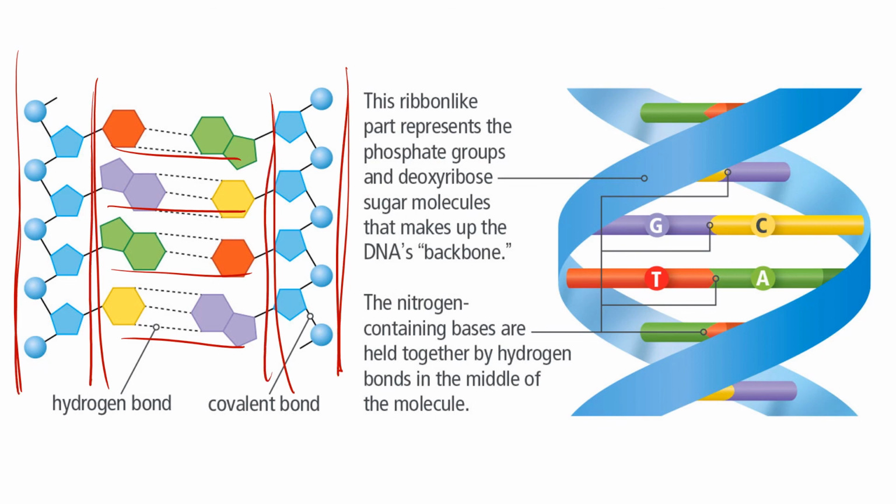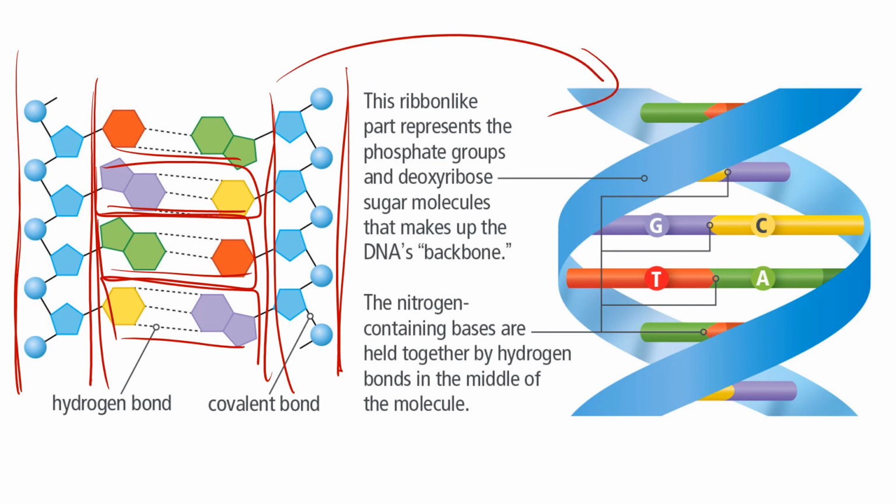Whereas the rungs are what you're actually climbing, those are the hydrogen bonds of the nitrogen bases. Okay? And then you take that ladder and you twist it into this shape here. So you can see C and G pair together, A and T pair together. You have your backbone here along the back, and then your nitrogen bases in the center.